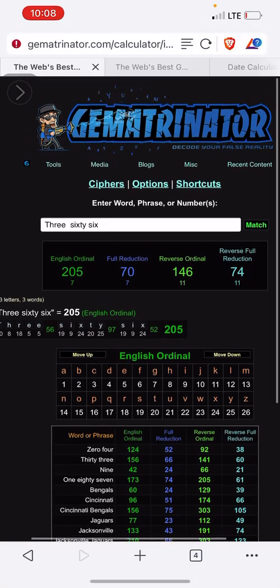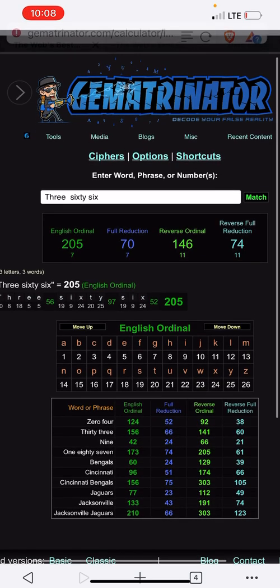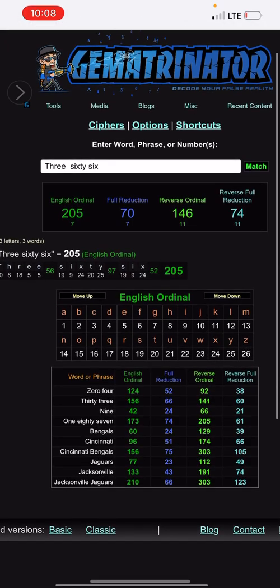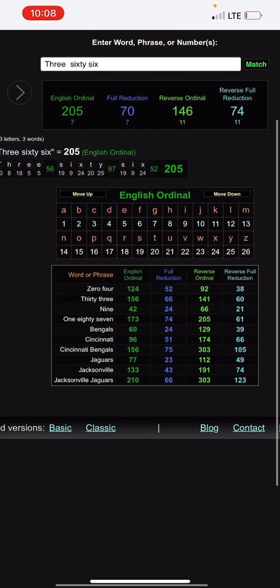Hmm. 145. 145. So yeah, it's always good to double check things.